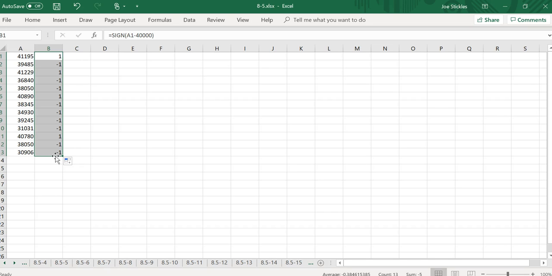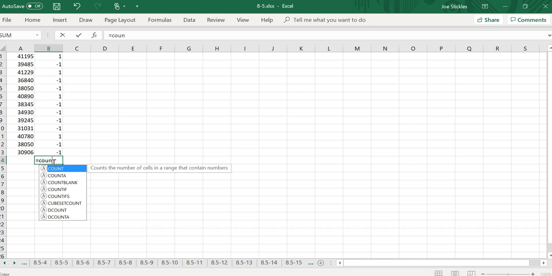You could also have done a count if in a condition. But anyway, so this gives you +1 if it's above the mean, or excuse me, above the median, the 40,000, and it's -1 if it's below it. So what we want to count for this particular statistic is how many are below the 40,000, because that's what the hypothesis asked us to check.